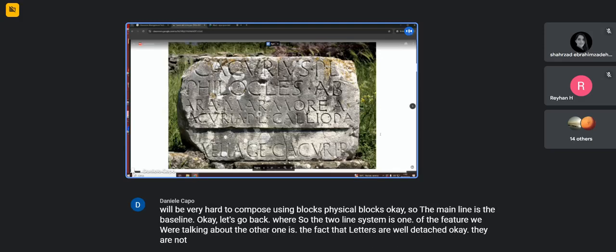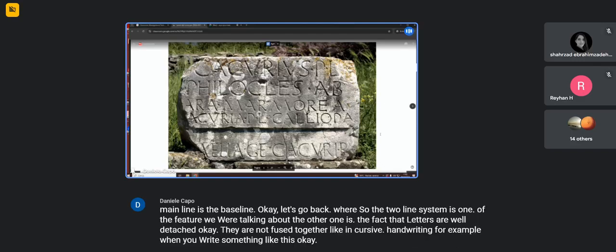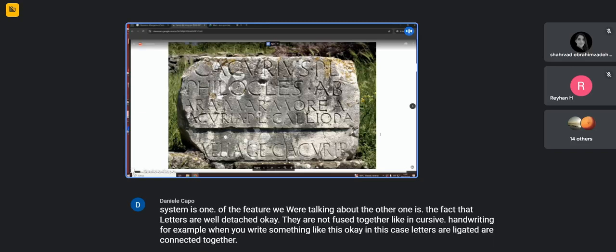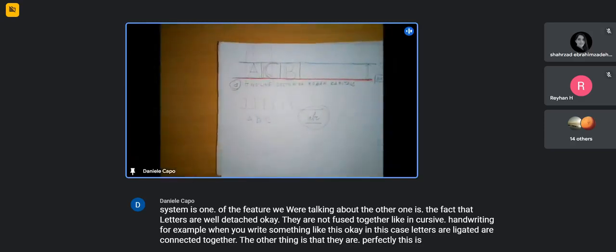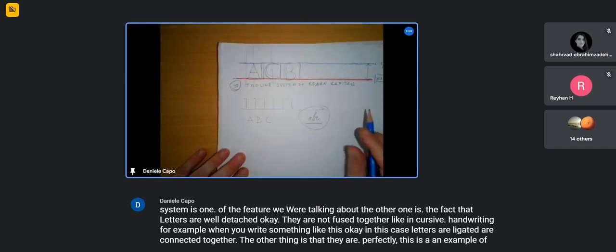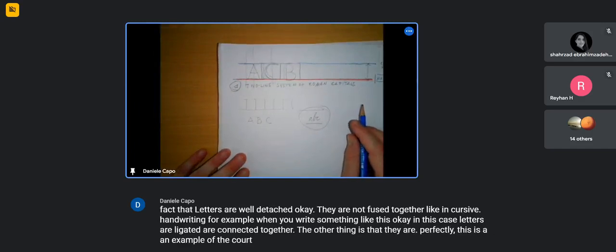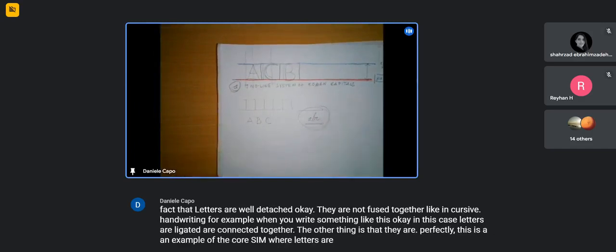They are not fused together, like in cursive handwriting, for example. When you write something like this, okay? In this case, letters are ligated, are connected together. This is an example of cursive, where letters are connected.